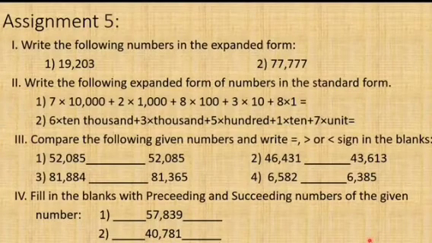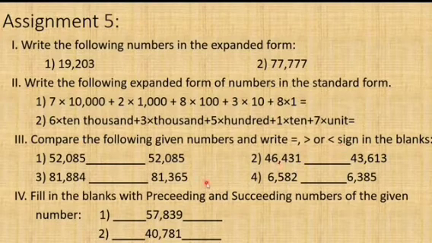Now for the assignment. 5. Write the following numbers in the expanded form. You are given a number in the short form or the standard form which you need to expand and write. And the second question has two problems written in expanded form. You are supposed to write them in the standard form or the short form. Then you have a few numbers to compare and you are supposed to fill in with these symbols or signs.